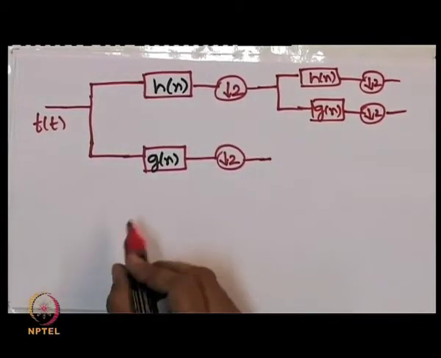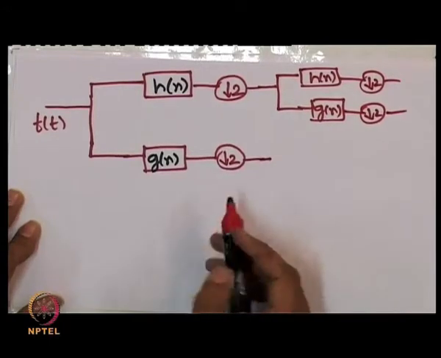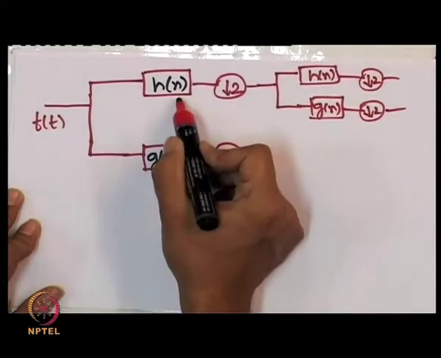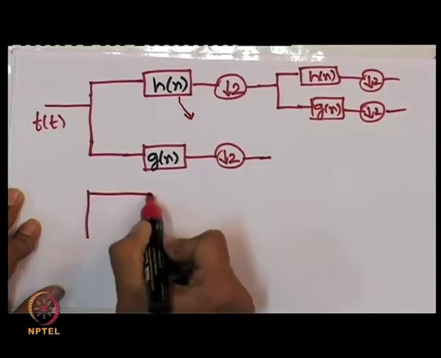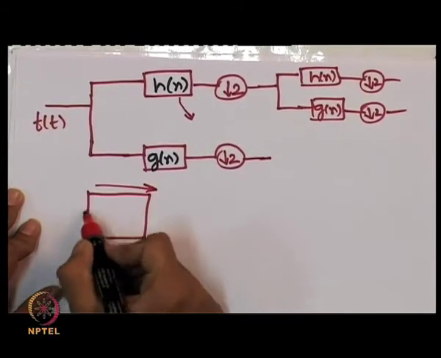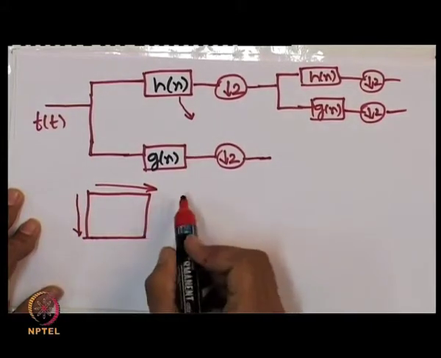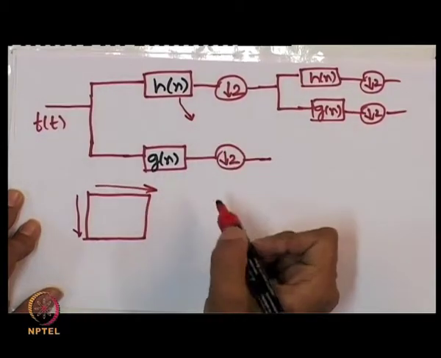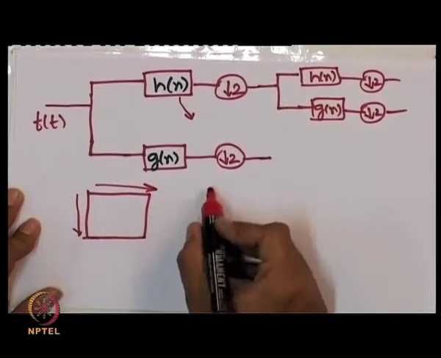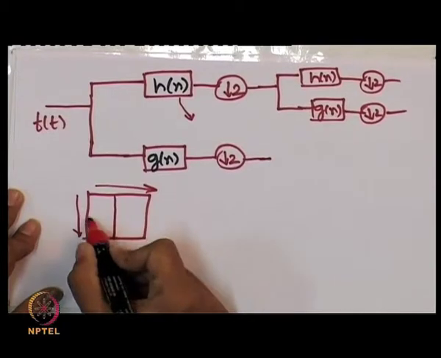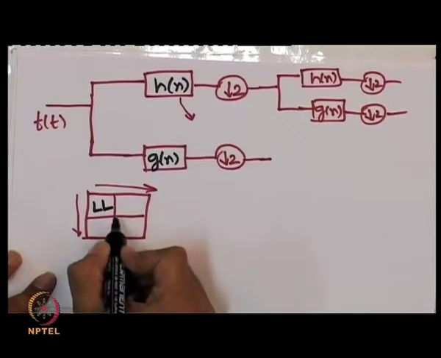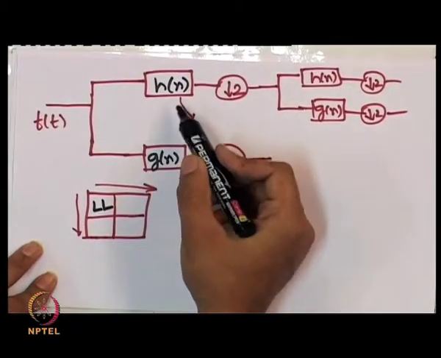And for example, if we apply this filter bank to a two-dimensional signal such as an image, then we apply this filter HN to the image row wise and then column wise. If we apply first HN row wise, downsample it, and then apply HN again column wise, downsample it, then we will get the low band of the image, L for low pass, because we are applying HN, which is a low pass analysis filter, twice.